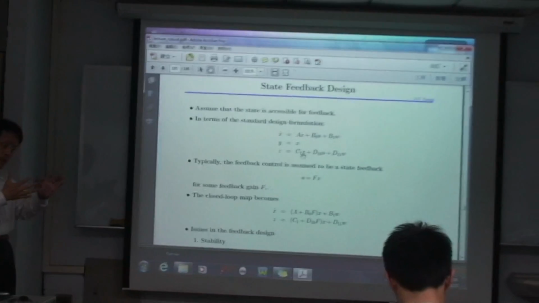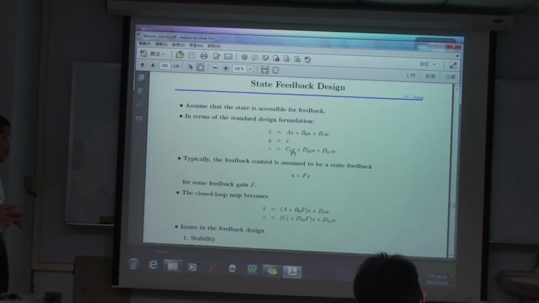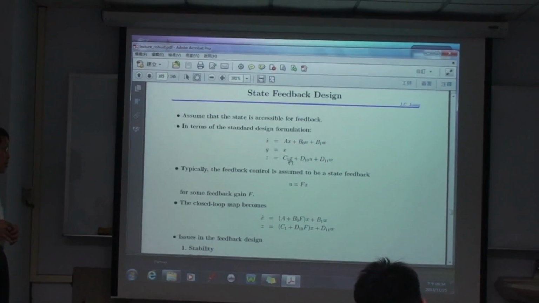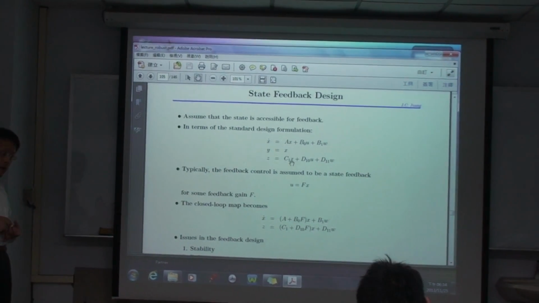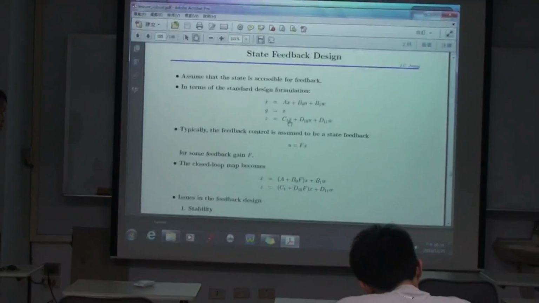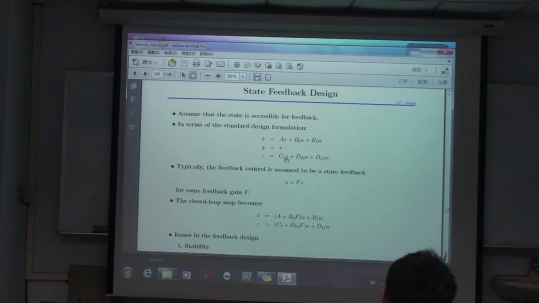You ask yourself, suppose I have the state, or what we call full information feedback, what can I do? And afterward, what if I only have partial information or output feedback? Can I achieve the performance, and up to which extent? Essentially, that's the strategy that we have been using.